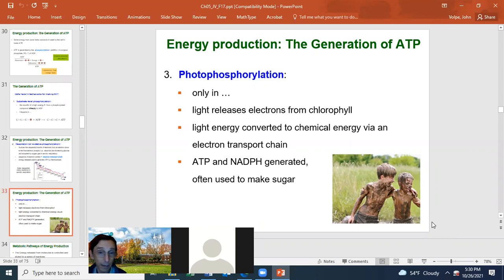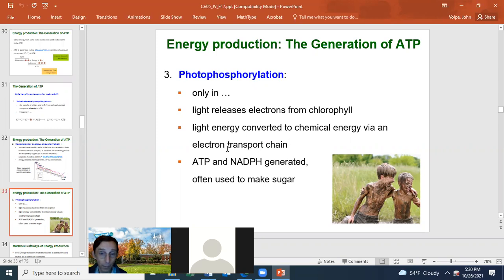What happens is light releases the electrons from chlorophyll, and we'll talk a little bit more about that later. Light is energy, and when the energy from light is absorbed by the chlorophyll, it can release the electrons. The light energy from the electrons being released from the chlorophyll will then be converted to chemical energy via an electron transport chain.